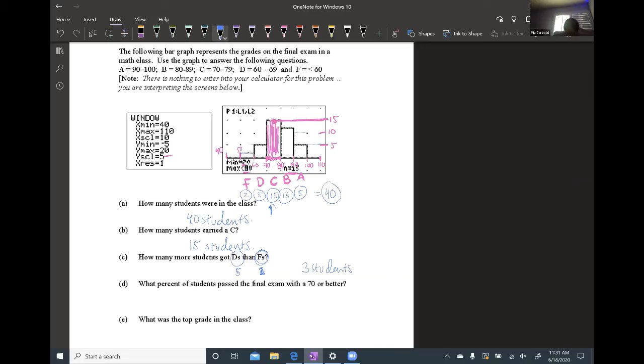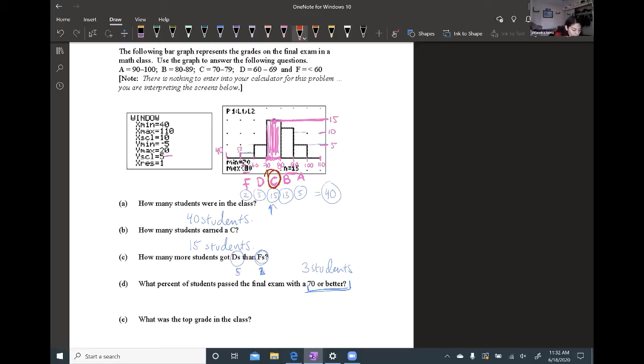Okay. Part D, what percent of students passed the final exam with 70 or better? So 70 or better. So this box here with a C, this one is 70 or better, right? Because if somebody got like a 70, a 71, a 73, all of these, they would qualify because it's 70 or better.